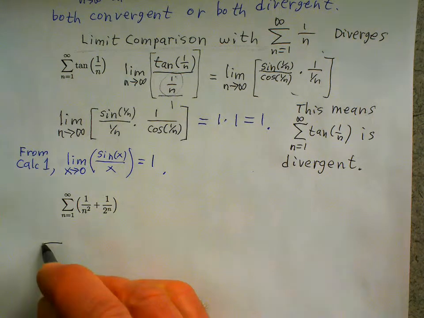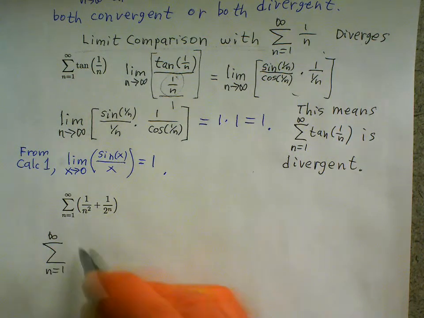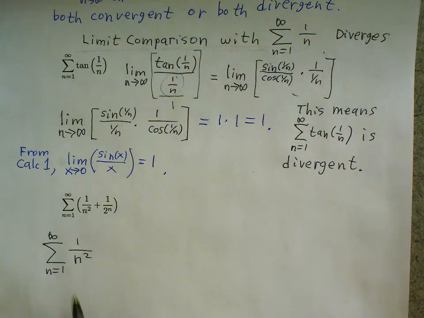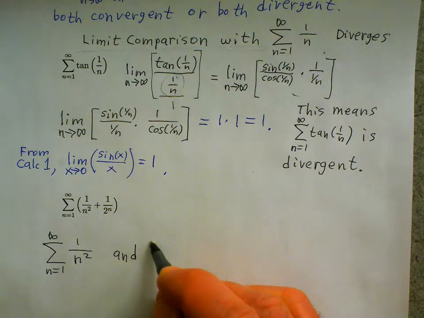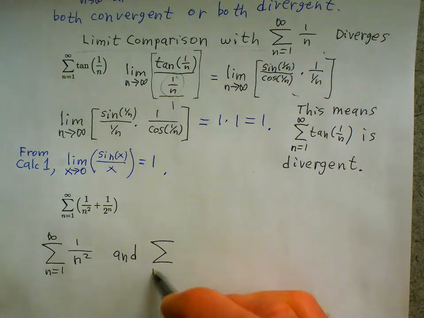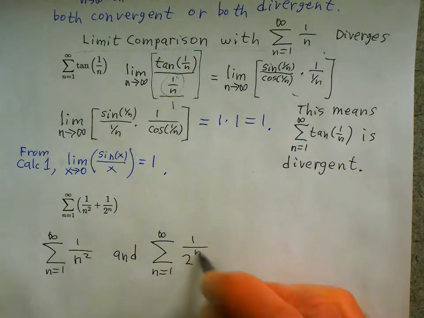Well, consider this series where the terms are 1 over n to the second as n goes from 1 to infinity, and then another series as n goes from 1 to infinity of 1 over 2 to the n.